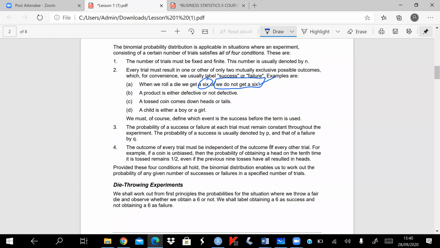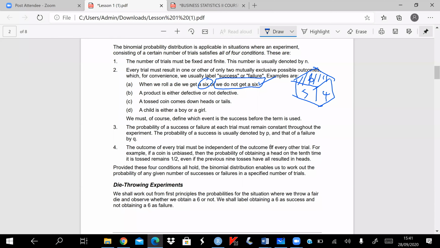You know that a die has six sides, so you may have 1, 2, 3, 4, 5, 6. You either get this face showing up, or you do not get a 6 showing up. If you define it like that, when you roll a die, you end up with a binomial experiment.